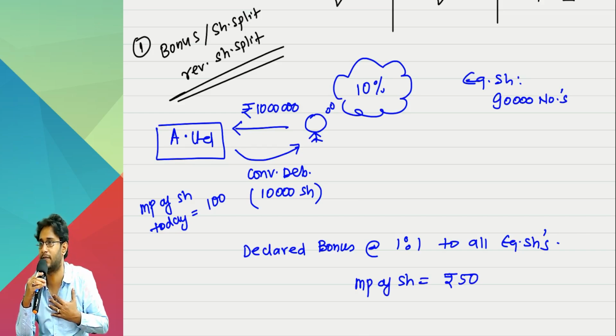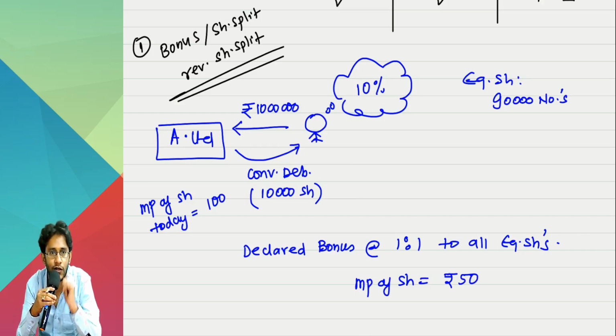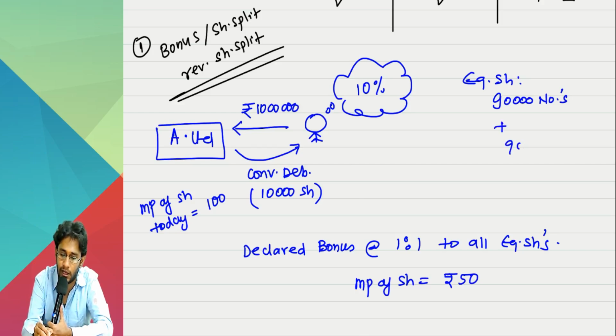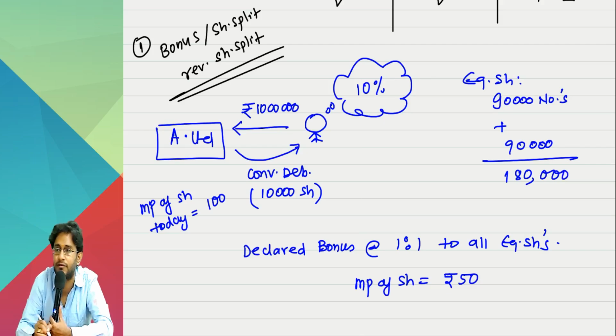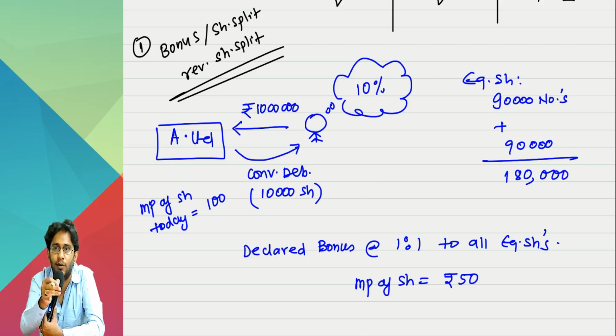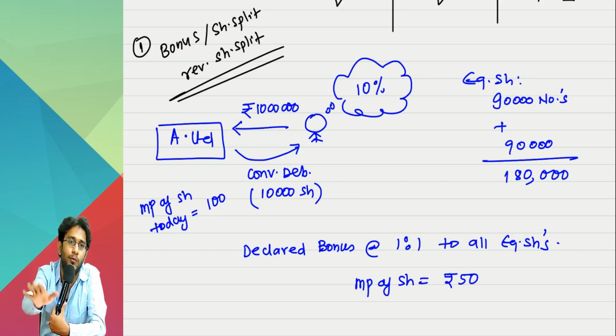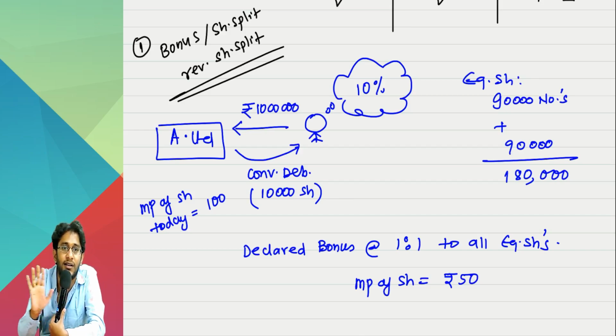But the company issued bonus shares, so 90,000 became another 90,000, total 1,80,000 shares. If you don't extend the bonus to him, will his right as a shareholder be impacted or not? Yes.